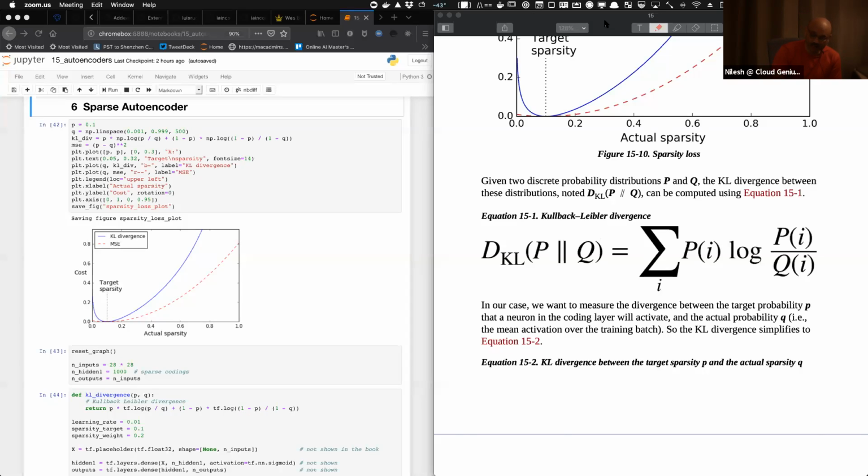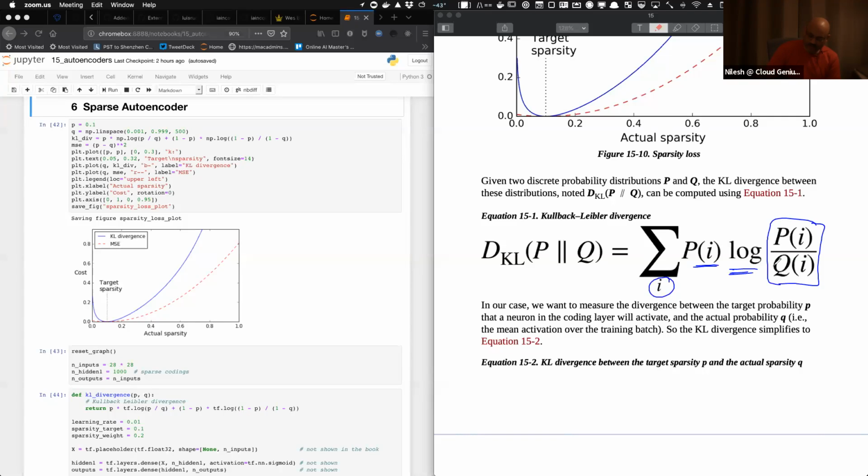If you look at the math, it is right there. There's a log function involved, and that makes the derivatives a little bit easier to calculate.